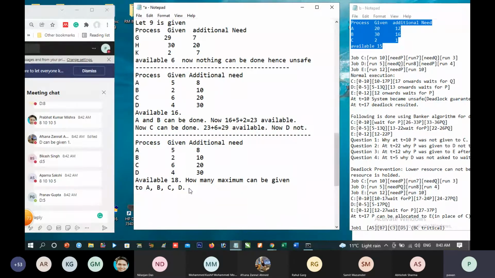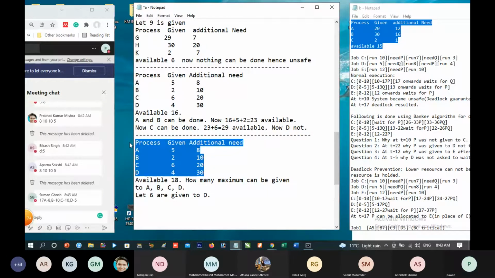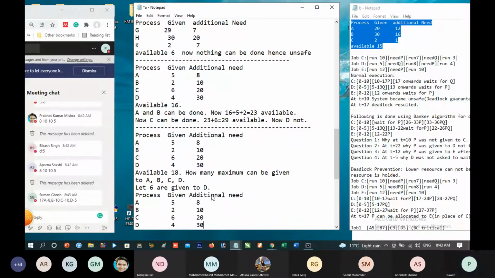Let 6 are given to D. And what is going to happen? Its additional need will be 24. And given to this will be 10.